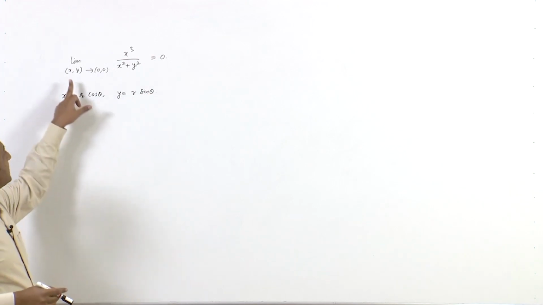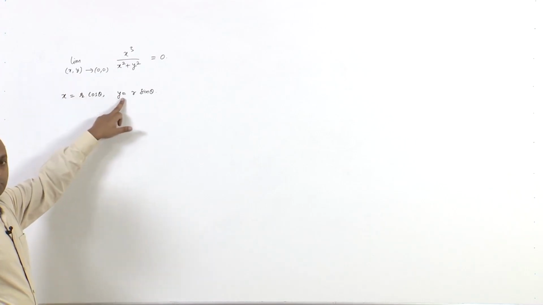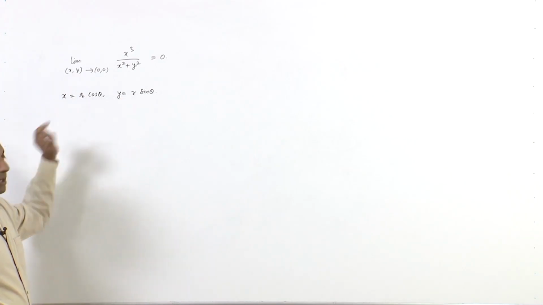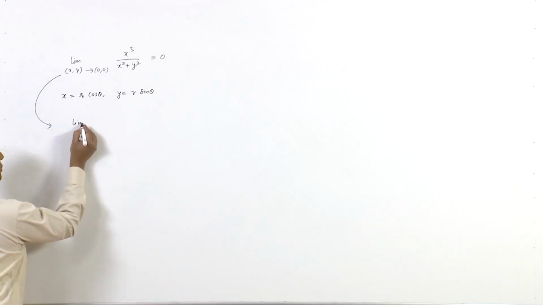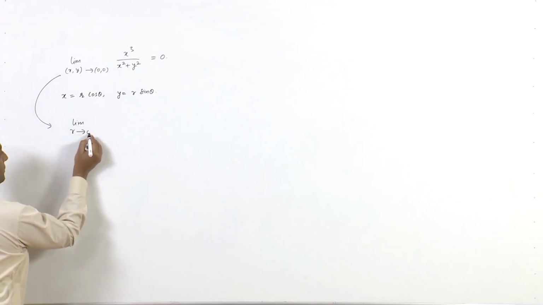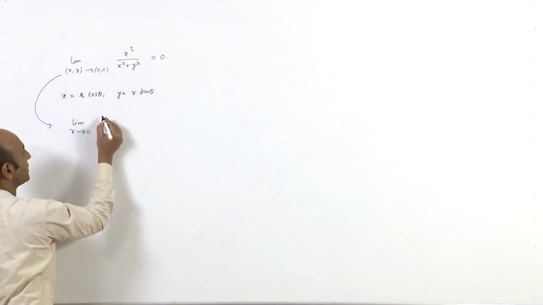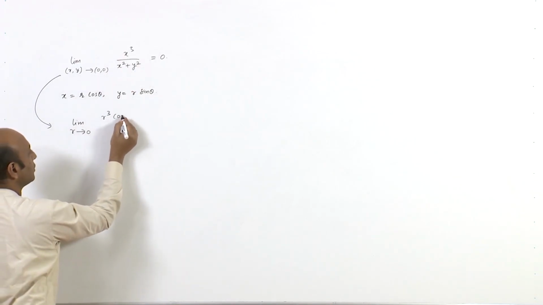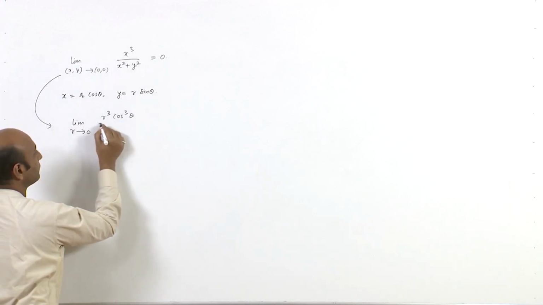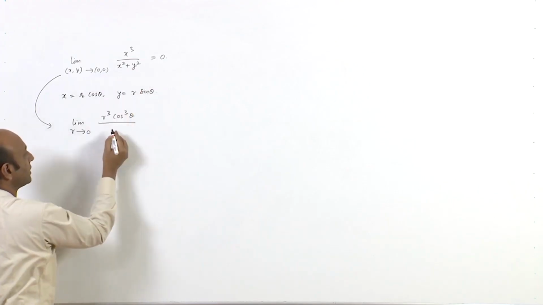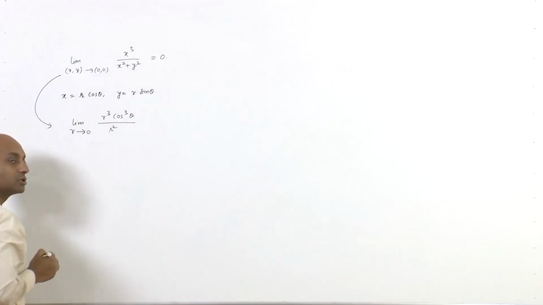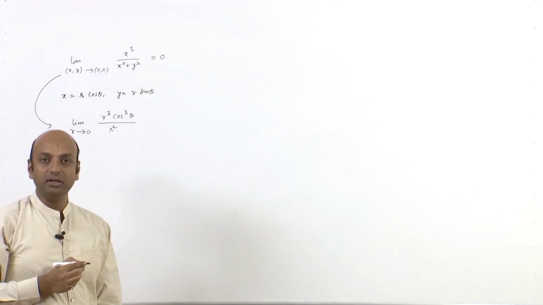Now, as x and y both tend to 0, 0, it will be possible only when r tends to 0. So this limit will convert into limit r tending to 0, where x is r cos theta, so it is r cube cos cube theta. Now, r square cos square plus r square sin square is r square, because cos square theta plus sin square theta is 1.